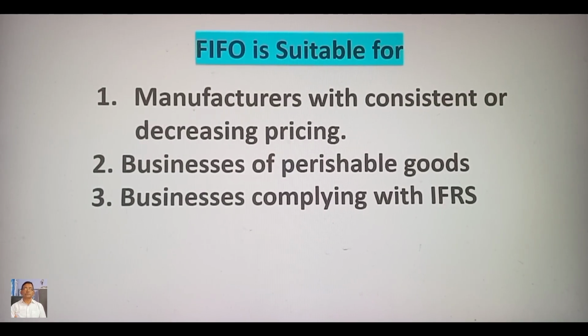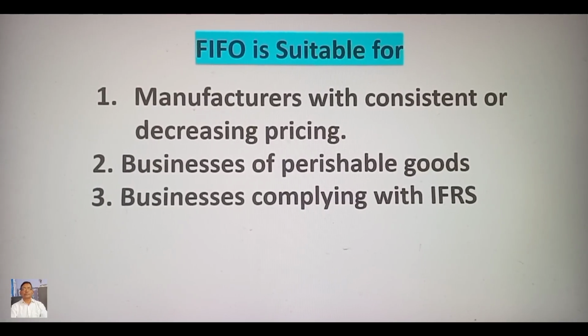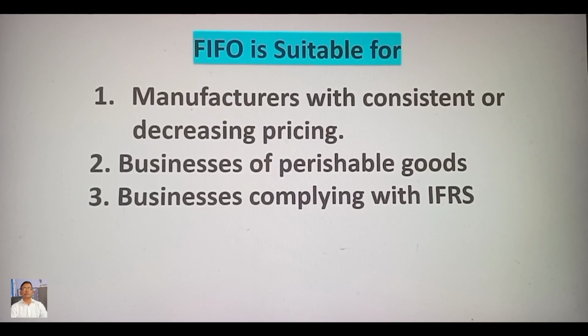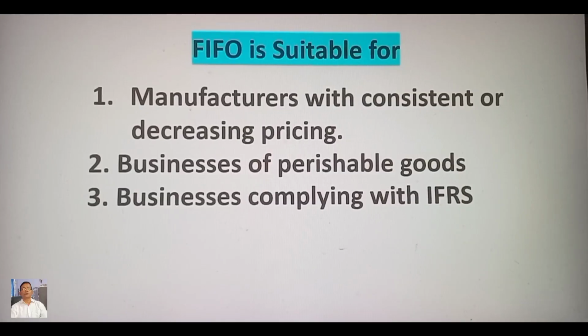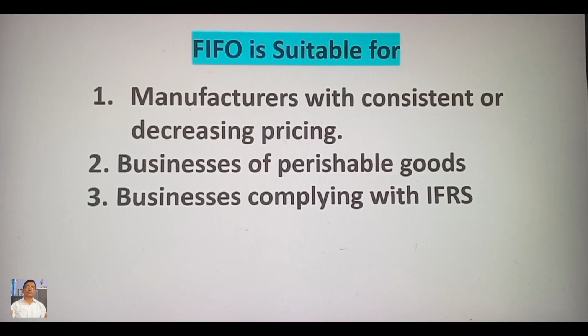FIFO is suitable for manufacturers with consistent or decreasing pricing. These may get benefit from FIFO's accurate COGS. Businesses with stable or declining prices use FIFO, for example retailers and wholesalers.